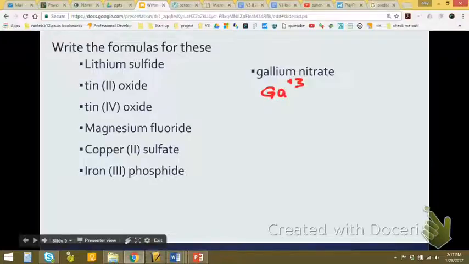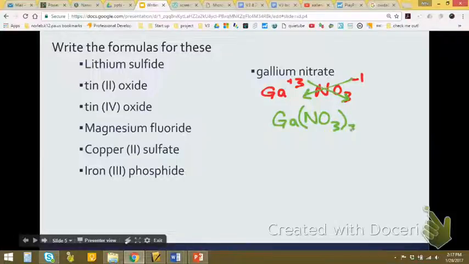So NO3 with a -1 charge. Crisscross our charges, and we get gallium, and then NO3 goes in parentheses because we're going to take that 3 times. So we have 3 nitrates.